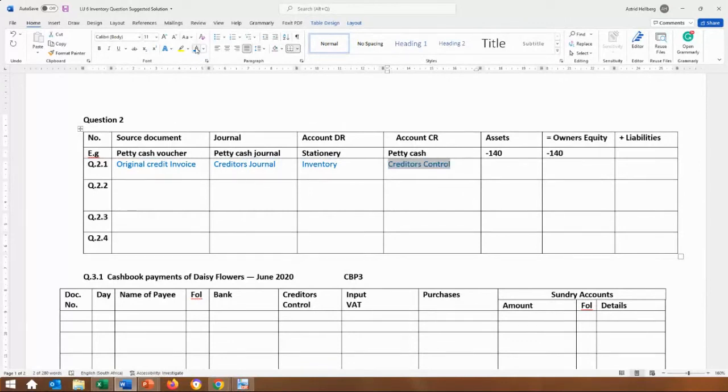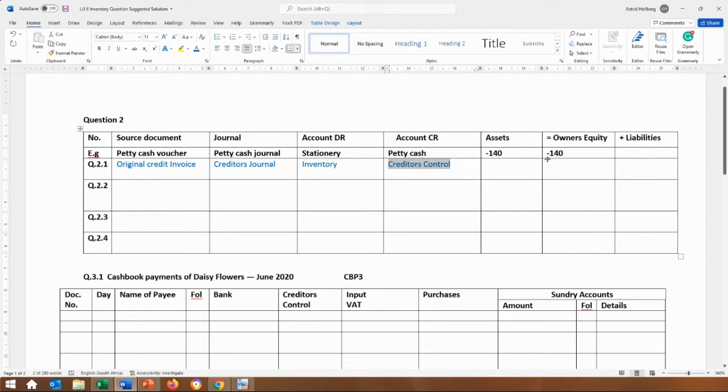Okay, now when we do the accounting equation, it's very important that you indicate the plus and the minus sign, because if you do not indicate it in your test, you will not get the mark. Okay, in the assignment, I did mark it because some of you use Excel files, and I know that the plus doesn't always show in the Excel file, so I gave you the benefit of the doubt. But in your test, you need to properly indicate the signs.